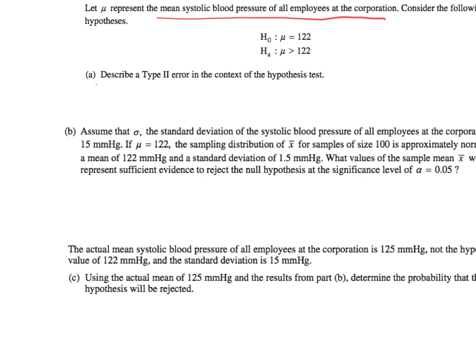We never conclude the null hypothesis. Okay, so I might say the true mean systolic blood pressure is more than 122 millimeters or whatever, but we fail to meet that conclusion.